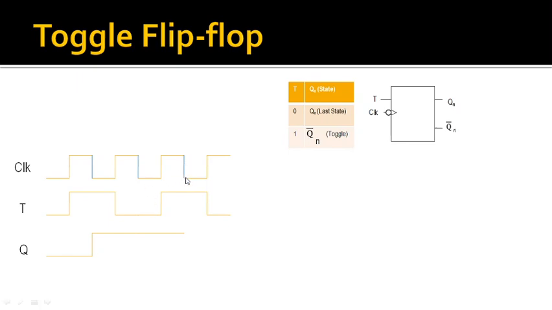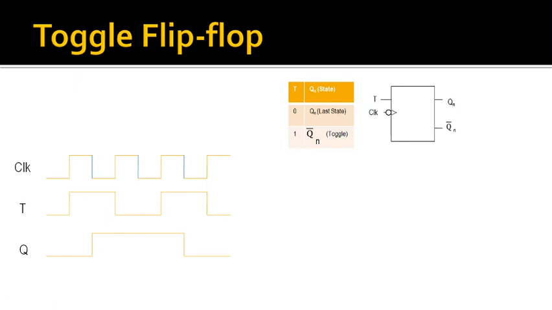Now at the next negative edge, again the flip-flop will be enabled, therefore it will check for the input at the T terminal. At this point of time, T has a high value, meaning a 1 signal is provided this time. So 1 at T means the flip-flop will toggle. This time it is having 1, and it will now switch to 0.